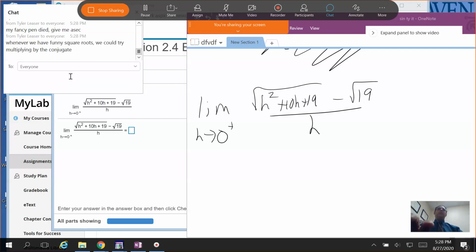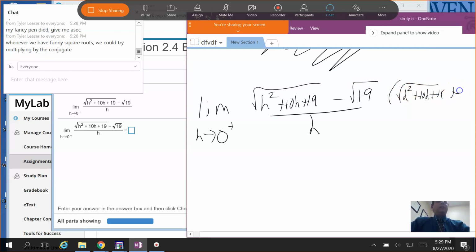You should remember conjugate stuff from complex number stuff. Conjugate stuff works for this as well. We're going to multiply the top and bottom here by that square root h squared plus 10h plus 19, and now it's going to be plus square root 19. We're going to do that on top, and we're going to multiply that square root h squared plus 10h plus 19 plus square root 19 on the bottom.